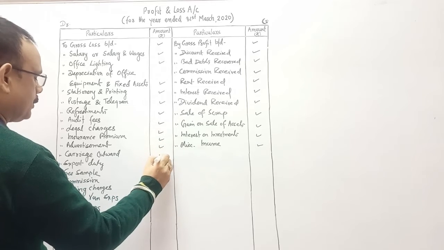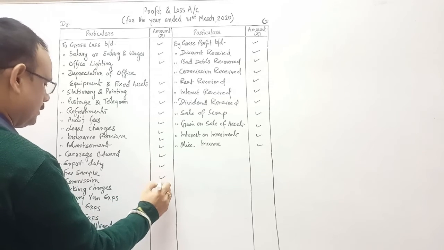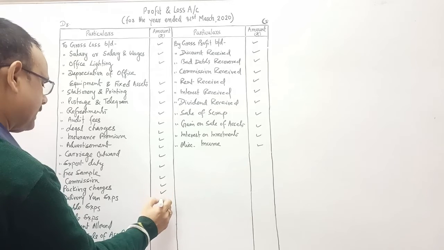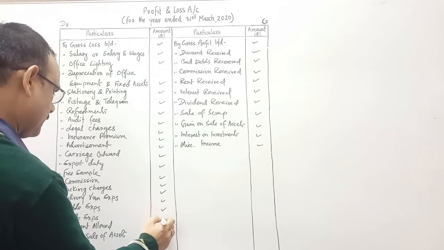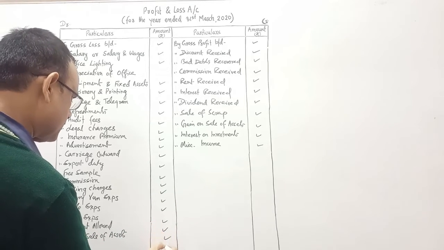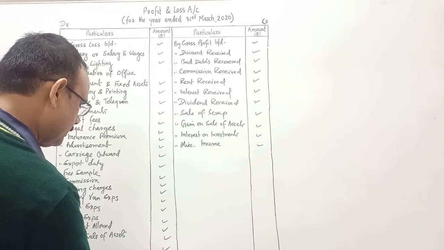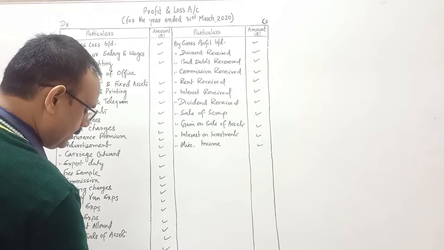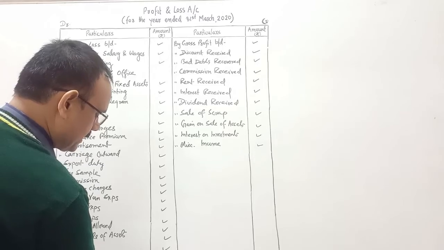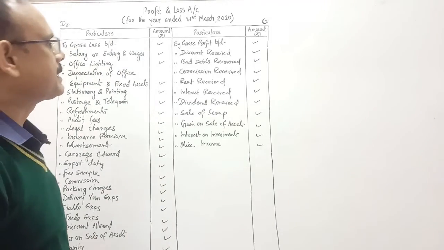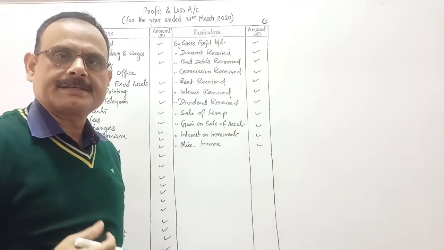Thereafter we'll do the comparison, which side is more and which side is less. You write the figures here: indirect expenses and losses and other expenses on this side, indirect incomes and gains on this side.